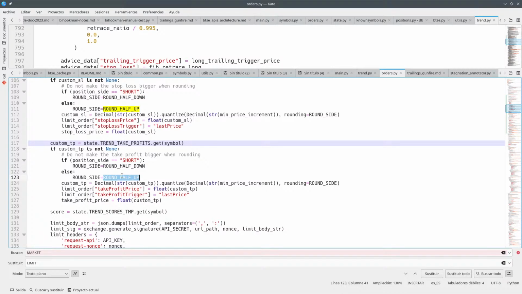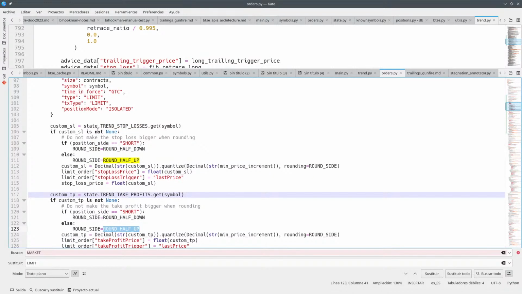So if it's long, it goes up. The profit goes up. And this is doing the same thing. If it's stop loss, it goes up.